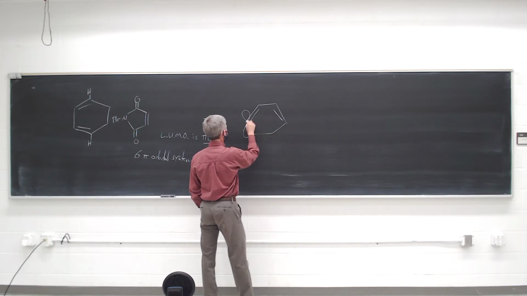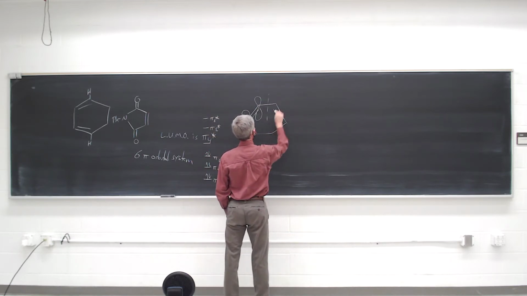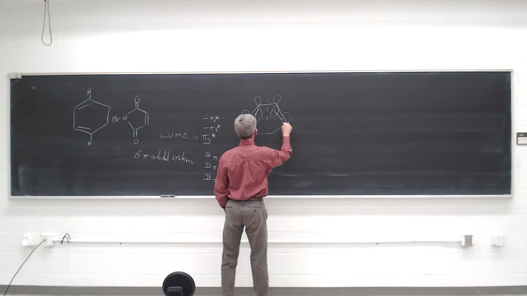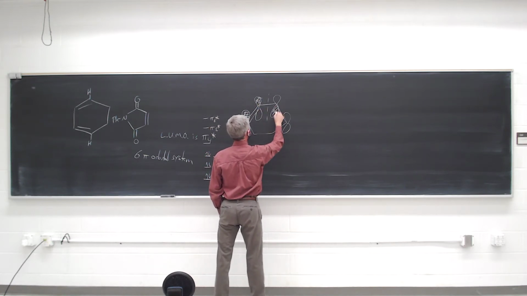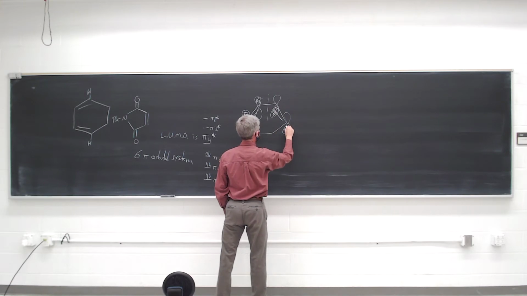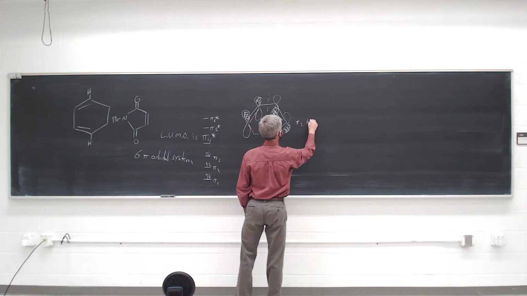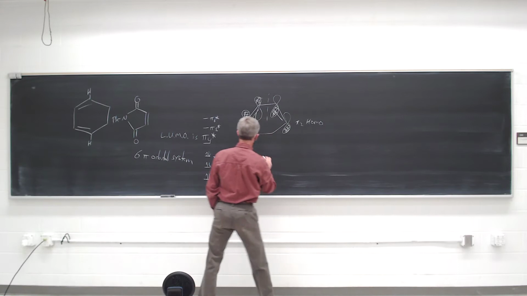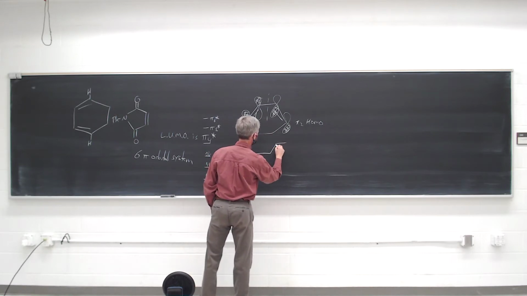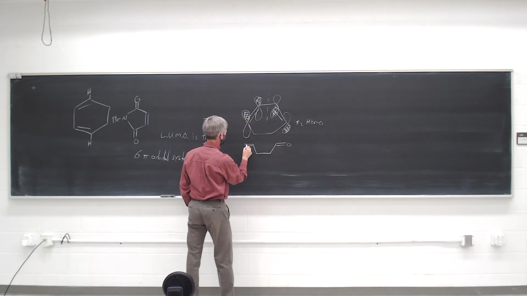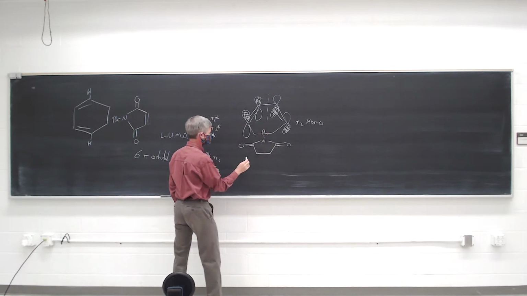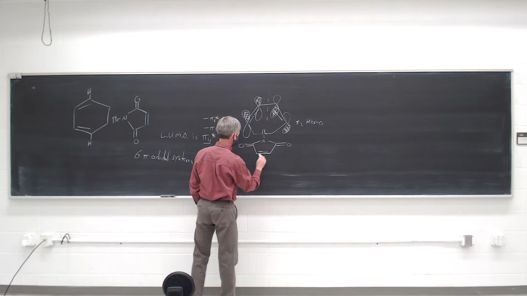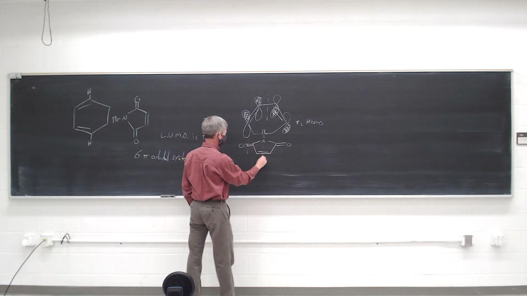we want the usual pi 2, which is the HOMO, for the diene, and for the dienophile, we want that 6-pi orbital system. So there's going to be 3 nodes.